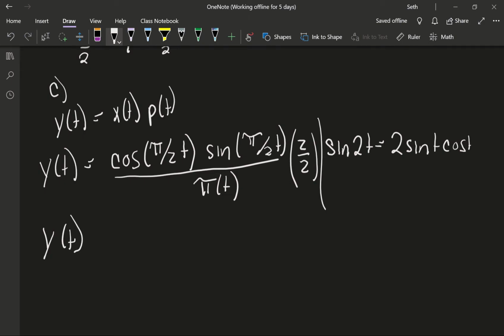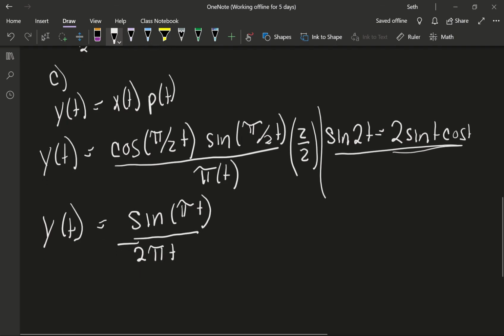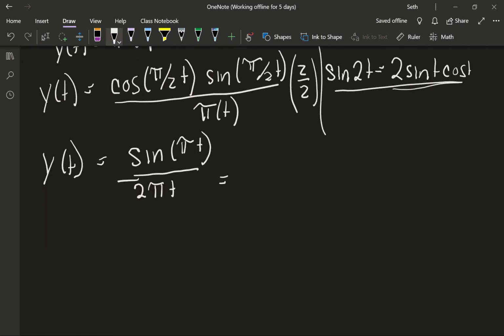Okay, now we have the identity here, so we get sine of pi t divided by 2 pi t. Can't forget the 2. So now we can write that as just 1/2 times sine of pi t divided by pi t.